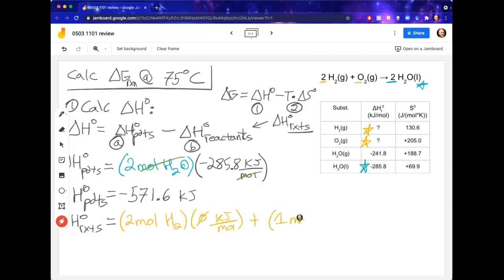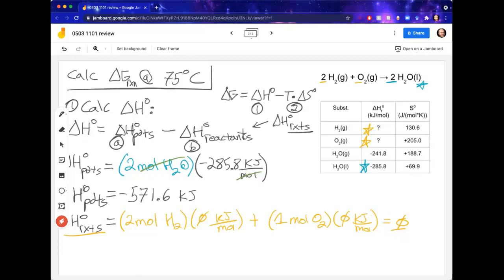Because both of these elements are in their elemental form, the enthalpy of formation is identically 0. So the delta H of the reactants is equal to 0 for this example. Do not assume that this is general. Let me say it one more time. For this specific example, we found delta H of the reactants is equal to 0. This is not general, and more generally, this number will be non-zero for the reactants. It just happens to be 0 for this example.